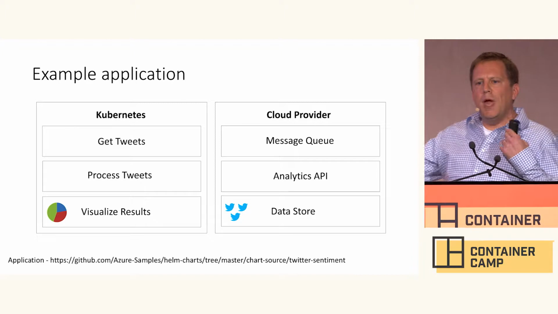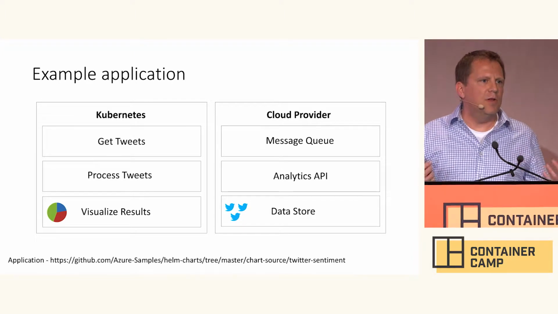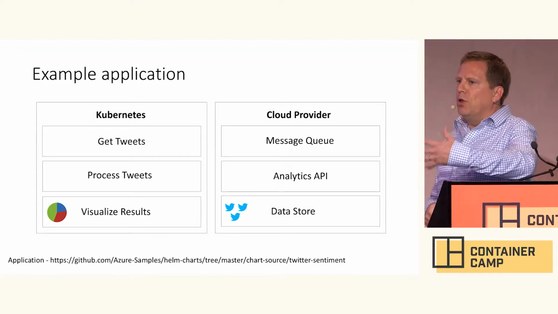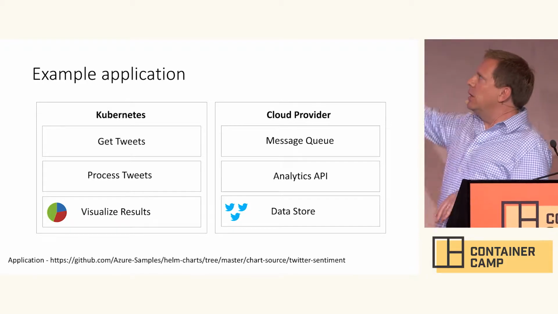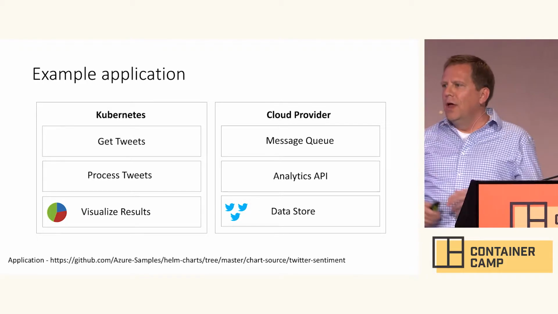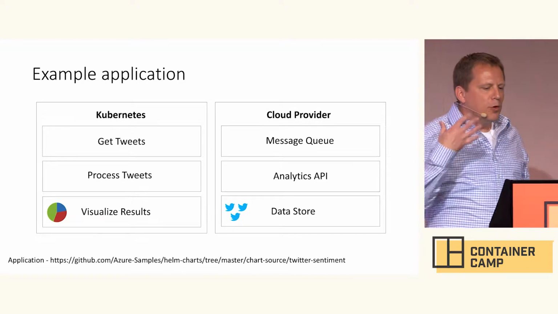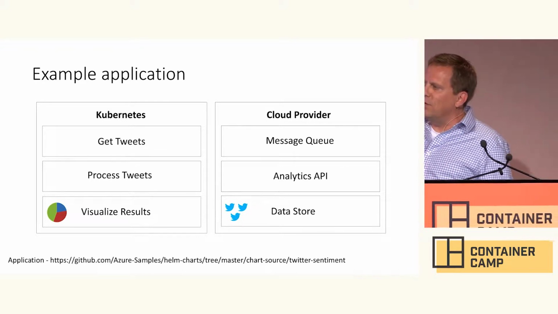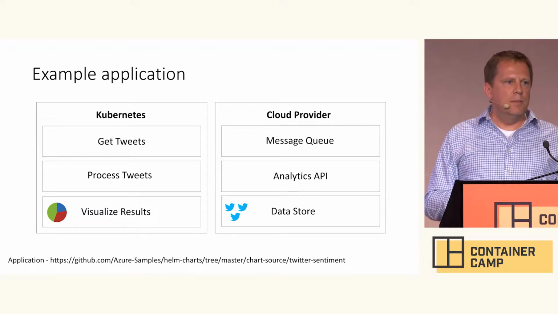Secondly, I had multiple management tools when I wanted to go and take a look at the application. Is everything up? Is everything talking together? I might pull up the cloud service provider portal or CLI to take a look at everything on the right-hand side here, and use kubectl to take a look at everything on the left-hand side. So multiple management tools. More importantly, in the stuff that interests me, I had a secrets management problem.